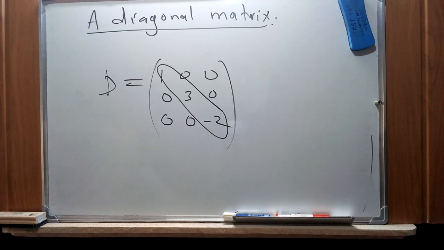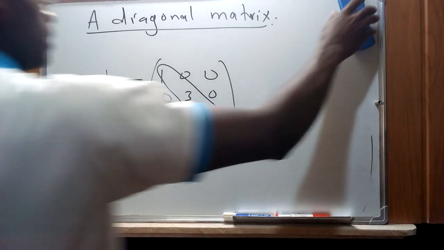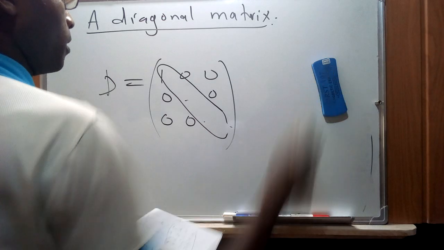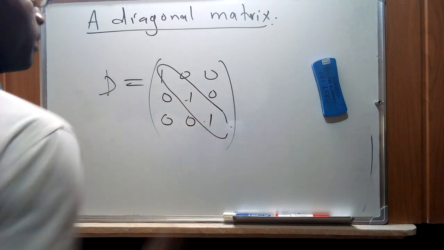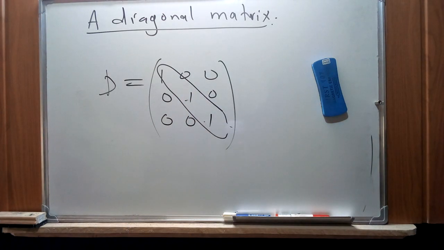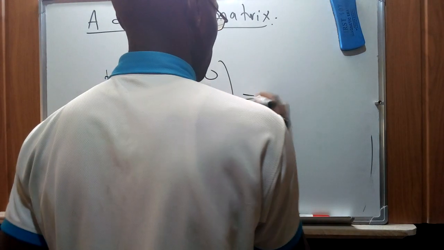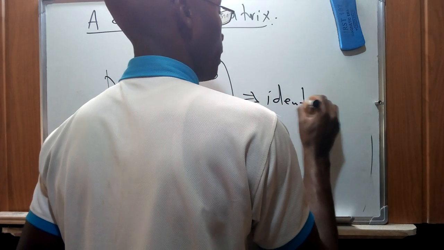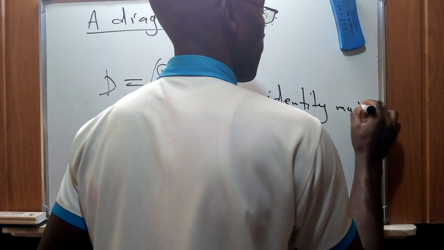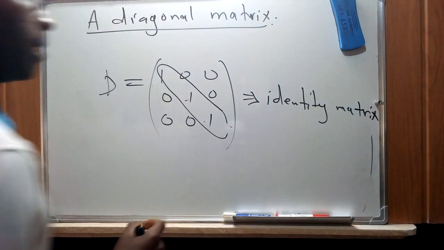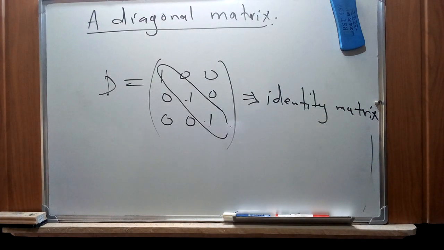Now there's a special category of diagonal matrices that have the leading or principal diagonal containing characters of 1. Suppose I substitute those by 1, then the name of that special category of diagonal matrix is an identity matrix. From our basic mathematics, identity implies or represents one unit.